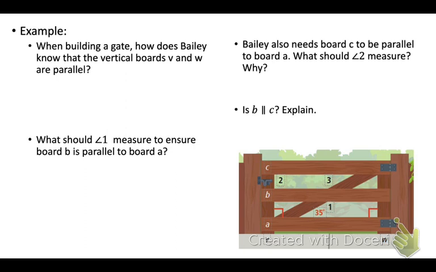When building a gate, how does Bailey know that the vertical boards V and W, vertical means which direction? Up and down, yes? Straight up and down. V and W are parallel. So how does she know that this board, see it back here, is parallel to this board? I need to use another color besides red.